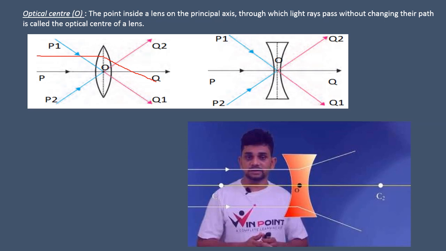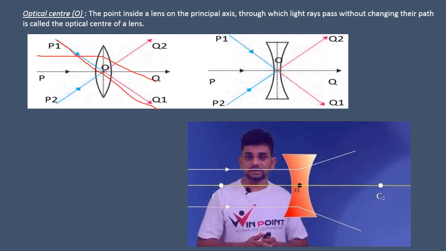But in a lens, on the principal axis, see this is your lens, inside the lens on this principal axis there is one point. When the light ray passes through that point, the ray passes undeviated. Undeviated means it will not get refracted. Correct, it will pass straight, and that is what we call the optical center.